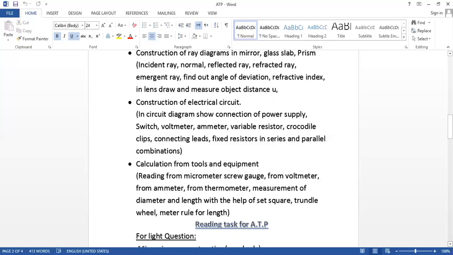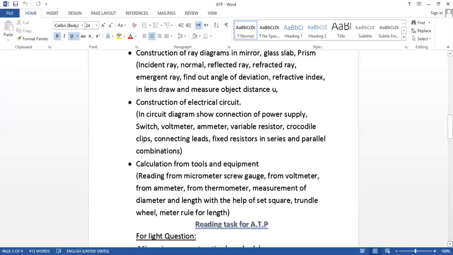Similarly, how to read from voltmeter, ammeter, and then you will have V and I, voltage from voltmeter, and A, value of current from ammeter. So we apply the formula Ohm's law, V equal to IR and I equal to V upon R. So you will do practice about these measurements.